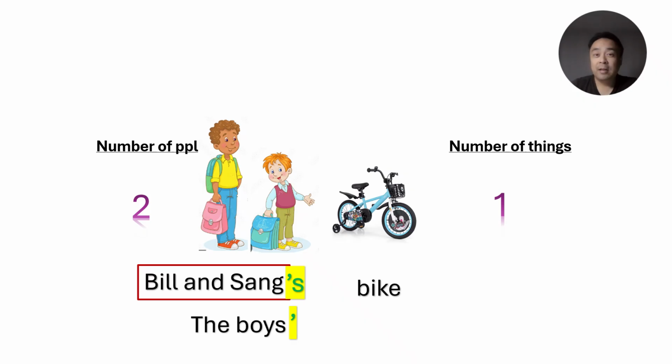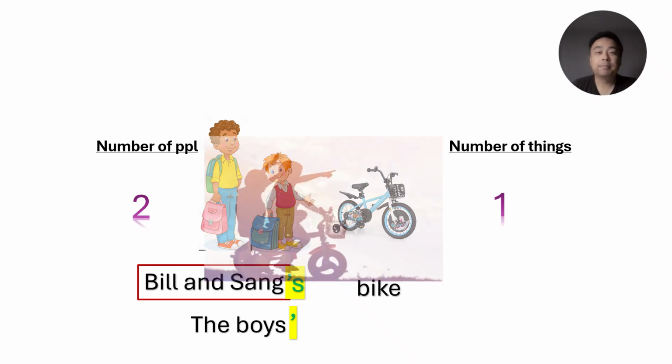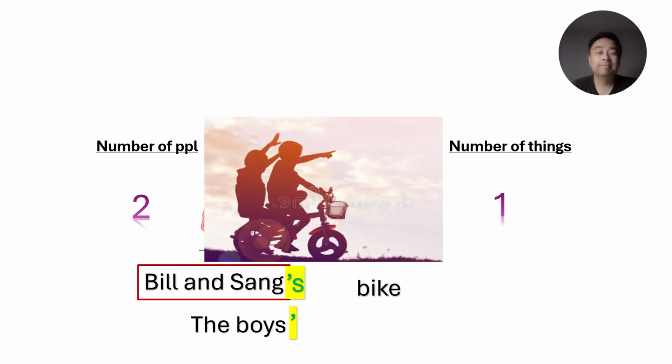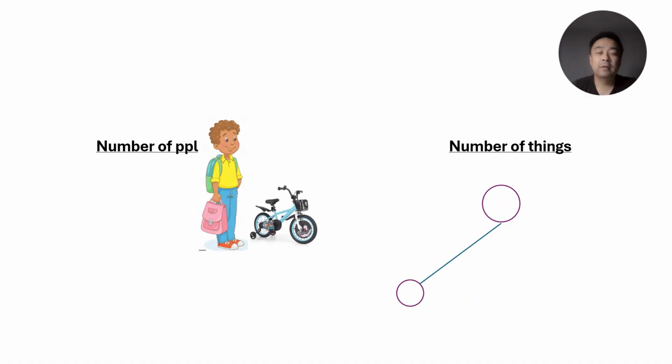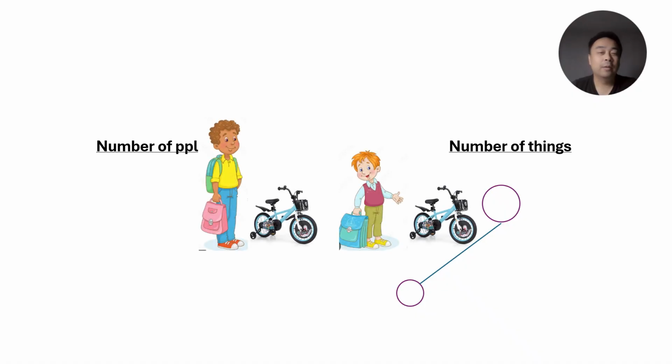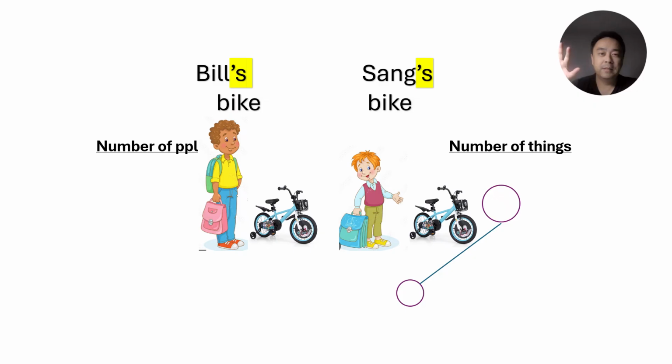Now let's take a look at the next example. Over here, we have Bill and one bike. We have Sang and one bike. I can say separately Bill's bike, Bill apostrophe S bike, and I can say Sang's bike, Sang apostrophe S bike. I can put them together.